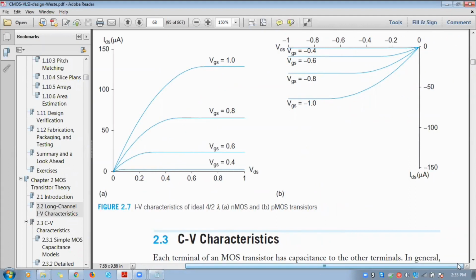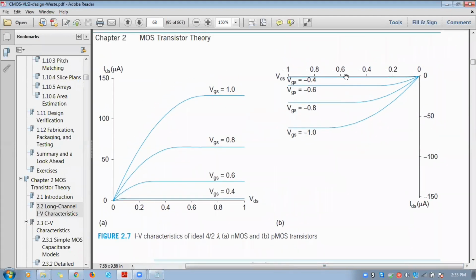Now if you see the characteristics, initially when minus VDS or VDS equals 0, IDS equals 0. As VDS decreases, here we are actually specifying VDS increases, the output current starts increasing in the reverse direction, as in nMOS.